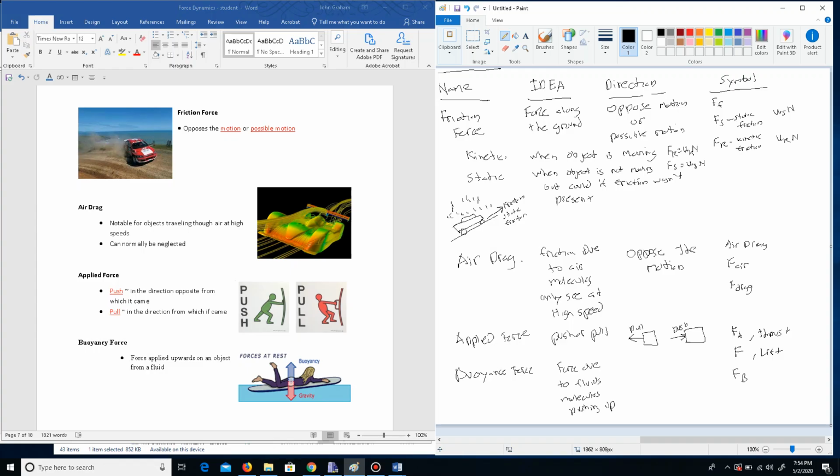And buoyancy is pretty much going to be upwards. Yeah, applied upwards from fluid. Okay.